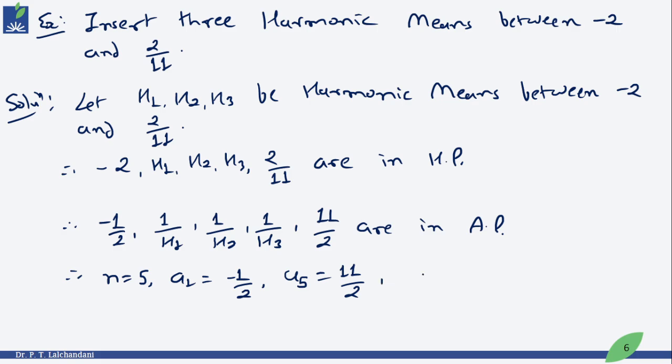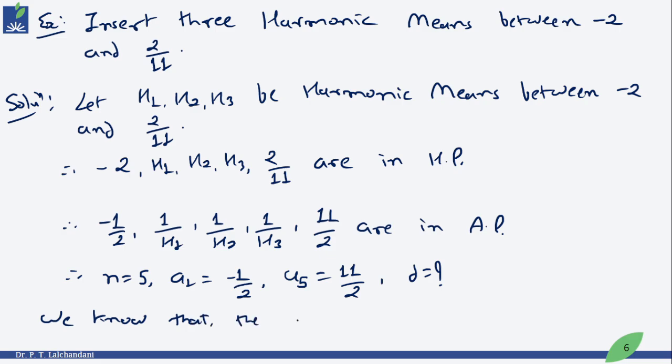Now our aim is to find out the value of d, the consecutive distance between these terms. Since these are in arithmetic progression, the consecutive distance will remain constant. So now the question is to find out the value of d. Once we get the value of d, we can easily find out the values of h1, h2, h3 and so on. So how to find out the value of d? We'll use the formula for the nth term of an arithmetic progression.